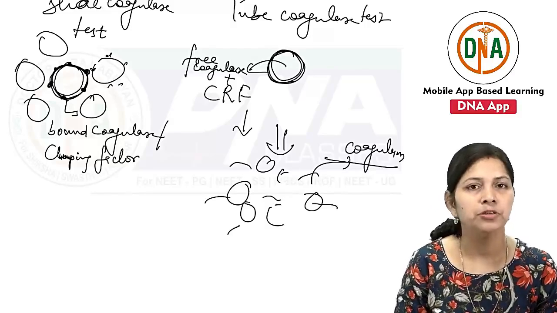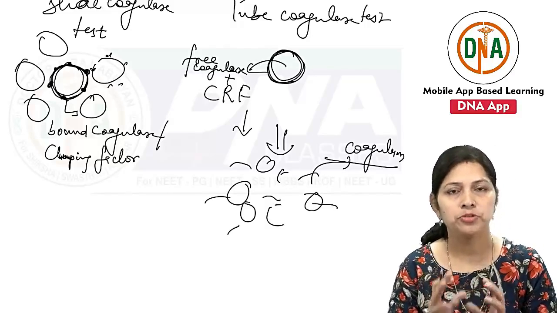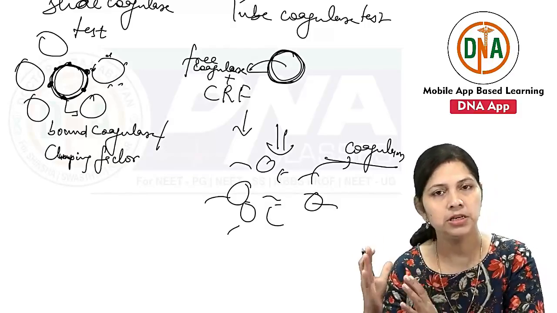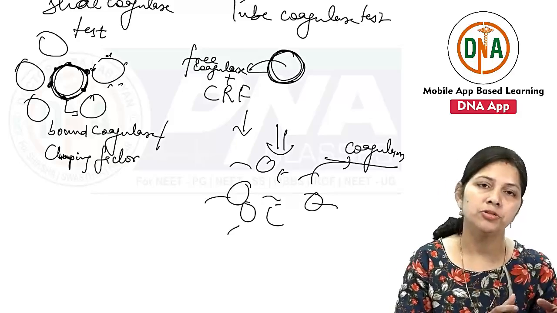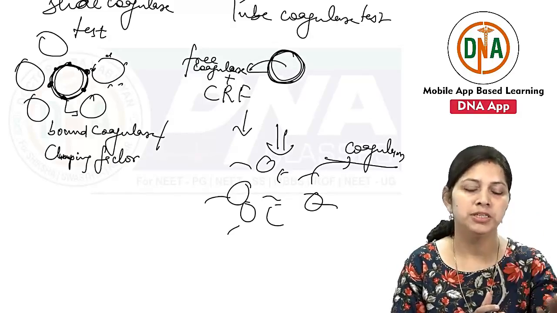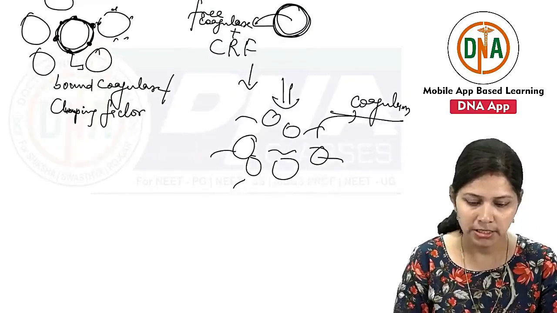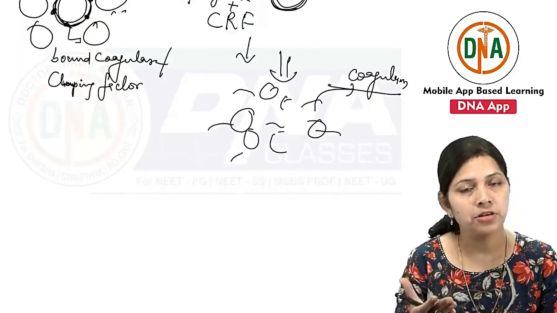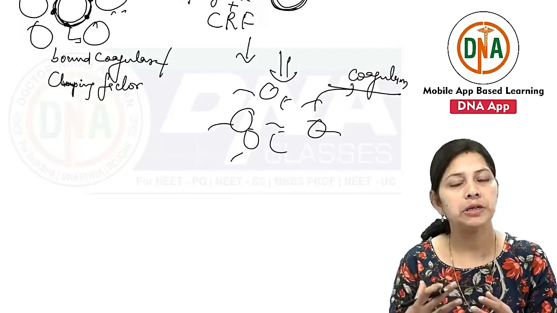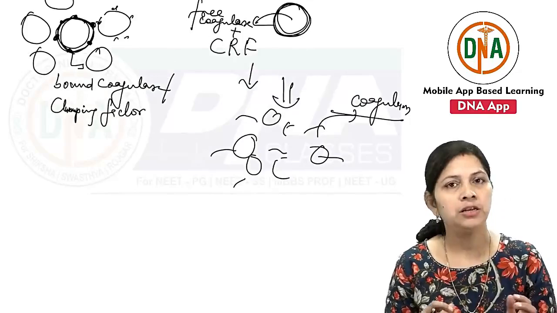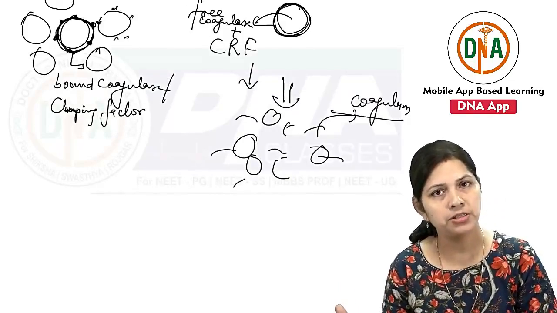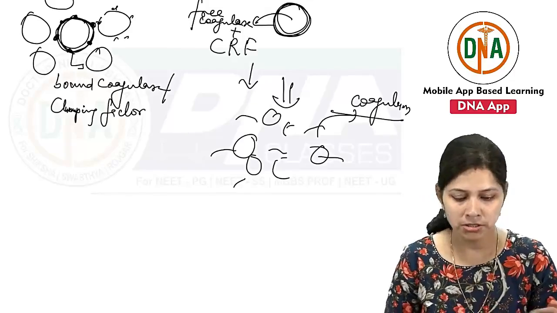So these are the basic differences between the slide coagulase test or bound coagulase and the free coagulase which mediates the tube coagulase test, where the CRF is important, that is the coagulase reacting factor. Okay, so with this we can confirm the organism as Staphylococcus aureus.